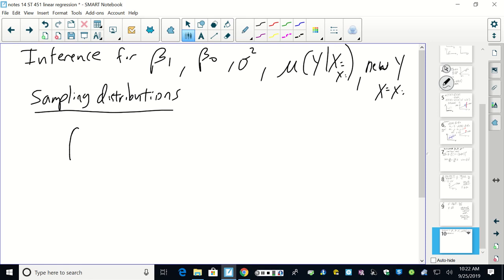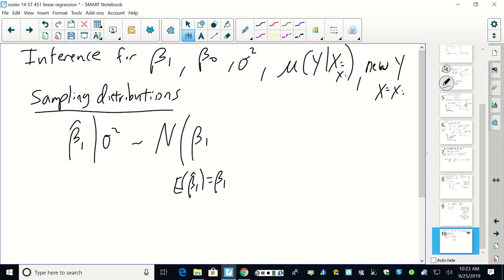It turns out that beta hat 1, when you know sigma squared, has a normal distribution. On average, it's beta 1. The expectation of beta 1 hat is the slope that you want, so it's unbiased. Across different random samples under this model, the estimates of beta 1 on average are the right thing.